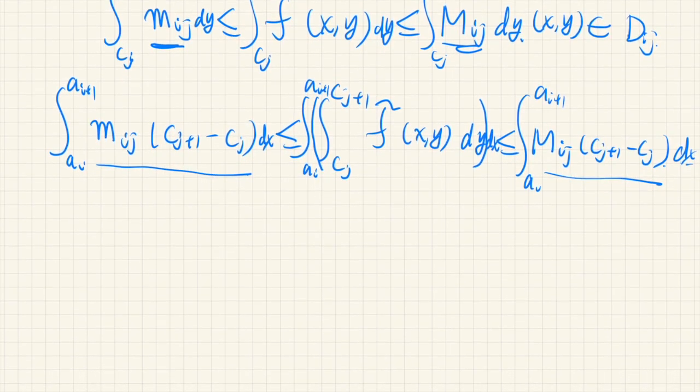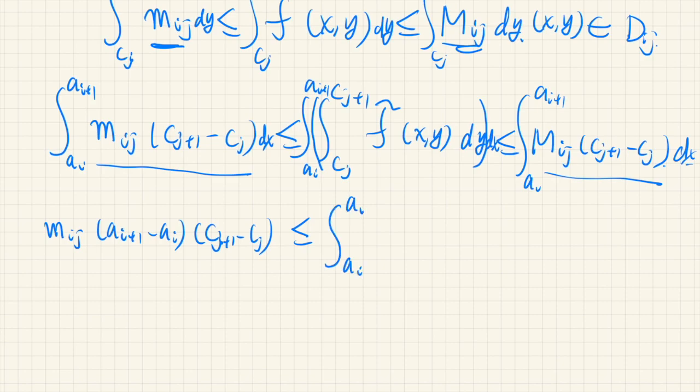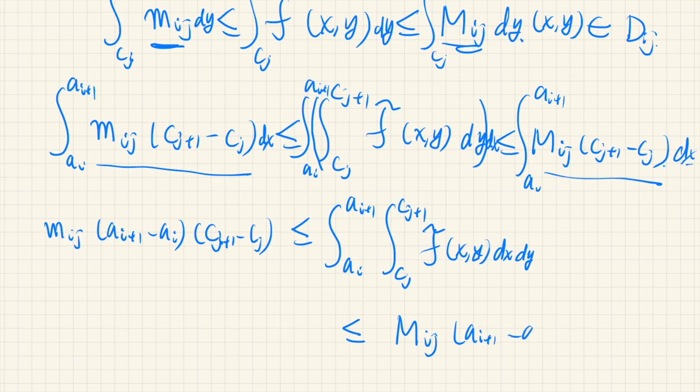So we have mij times ai plus 1 minus ai times cj plus 1 minus cj less than or equal to the integral of f tilde over ai to ai plus 1 and cj to cj plus 1, less than or equal to capital Mij times ai plus 1 minus ai times cj plus 1 minus cj.